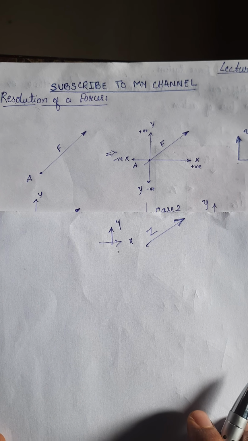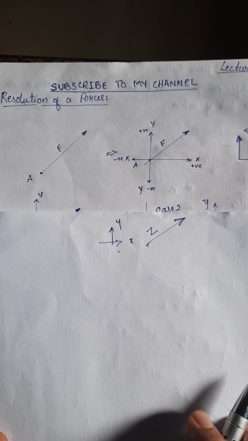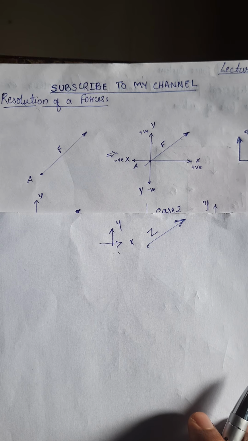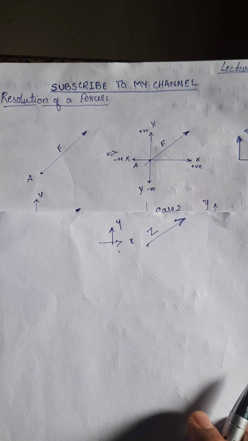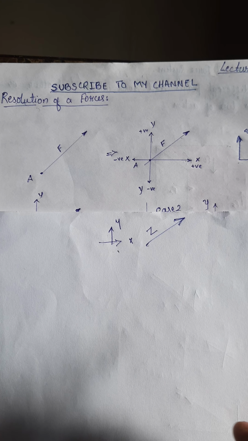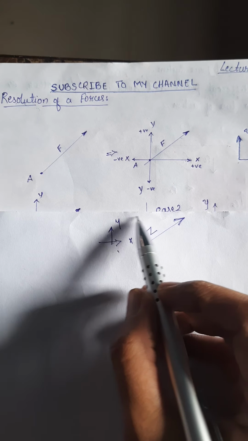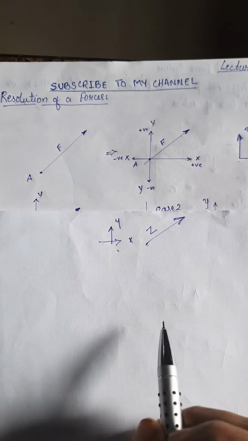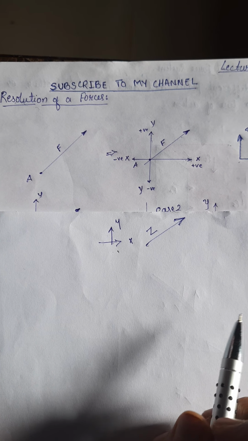So whenever we get a force in the Cartesian plane, or in the z axis, we have to resolve it first. We have to convert it into horizontal axis and vertical axis. That conversion we will call resolution of the forces.